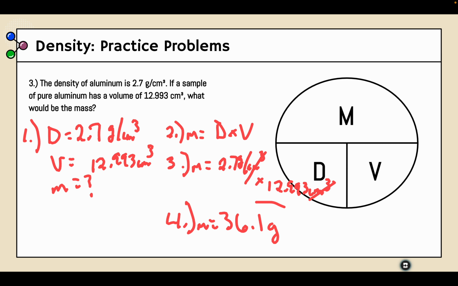So my answer is 36.1 grams. So go ahead, and if you want to, I have 3 more practice problems that we'll take care of in class, maybe as some startups throughout the week. But if you want to, feel free to do those in your free time, go for it. But anytime that you are given 2 of these values, you can always calculate for the other.